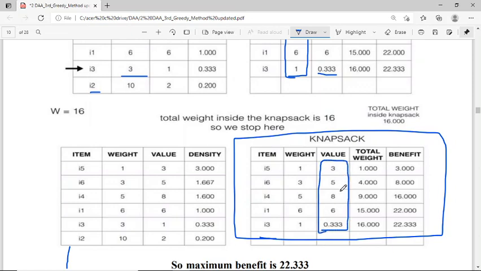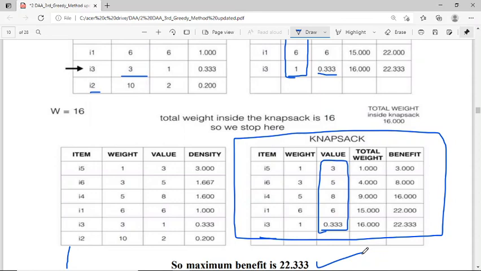If you do the total, 5 plus 3 is 8, 8 plus 8, 16, 16 plus 6, 22, 22 plus 0.33 is 22.33. So this is our maximum benefit or maximum profit. With the help of this knapsack problem, we can get the maximum profit.